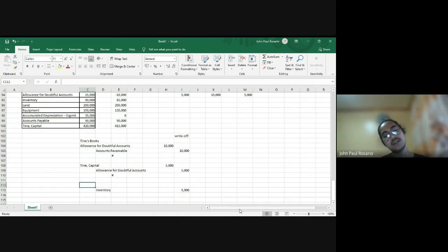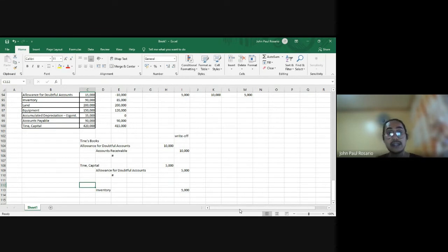And then, sir, what is the debit for this? Normally, this is a reduction of inventory value. So your debit should have been loss on inventory or loss on inventory write down.